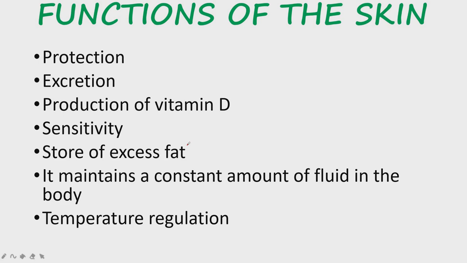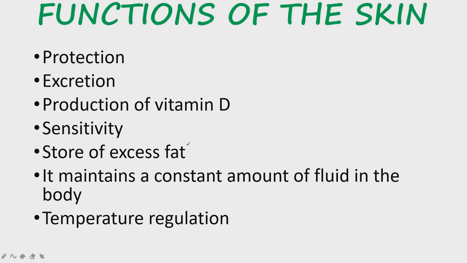We have a layer also that helps to control heat. The subcutaneous layer, the fat layer, the adipose tissues in the skin, acts as an insulator, thereby preventing heat loss too. So with this, we can see how the body tries as much as possible to maintain its constant temperature of 37 degrees Celsius.